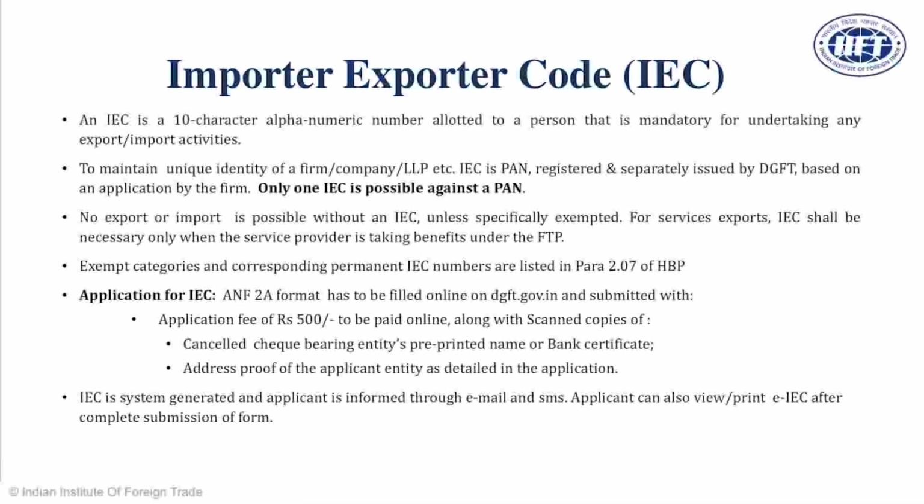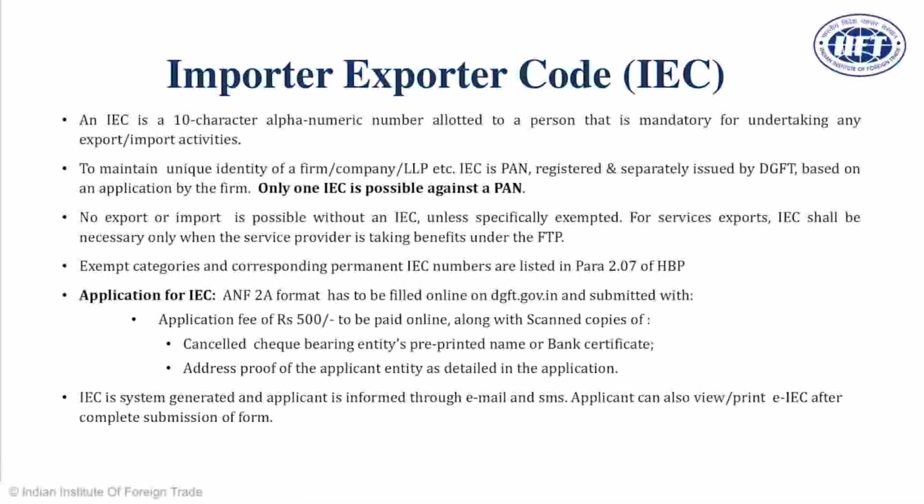Now, for address proof, when you go onto the website of DGFT and start filling the forms, they will list out what documents are required or eligible for an address proof. Similarly, a bank certificate is required only when you do not have a pre-printed name on the checkbooks in your name, meaning the check should have a pre-printed name of the firm or the company, and that check can be used as your bank certificate.